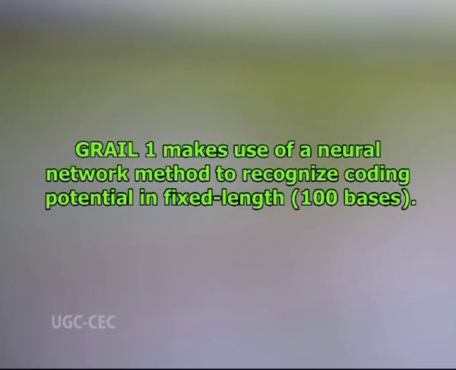GRAIL 1 makes use of a neural network method to recognize coding potential in fixed length windows, that is 100 bases. An improved version of GRAIL 1 called GRAIL 1A can be used to find true exons and eliminate false positives.